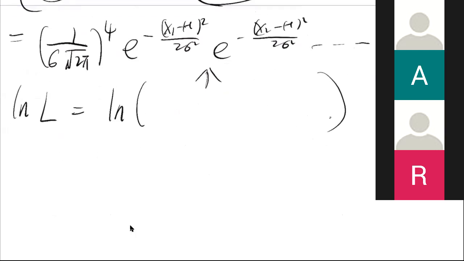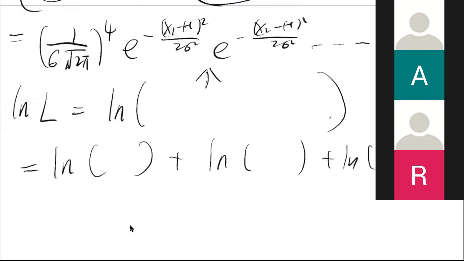And remember that equals the log plus each term. Maybe I should write it as 1 over sigma square root of 2 pi to the 4th, times e to the negative x1 minus mu squared over 2 sigma squared.